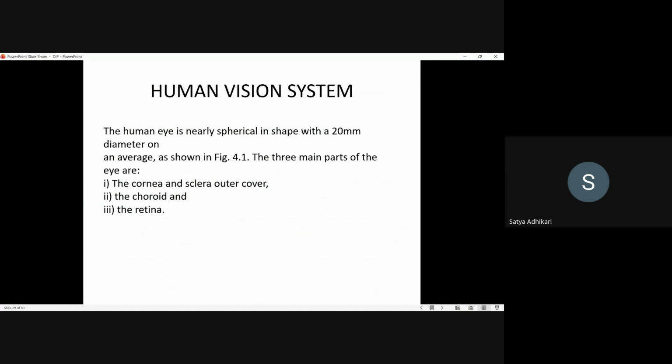You can see the human eye is nearly spherical in shape with a 20 mm diameter on average. The three main parts of the eye are the cornea and the sclera outer cover, the choroid, and the retina. These are the main components in our eye.